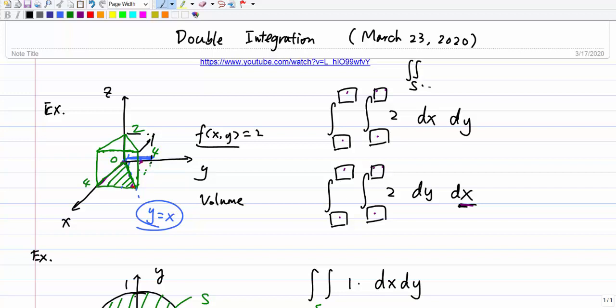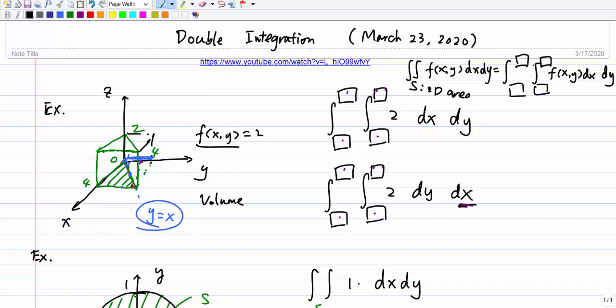This is a 2D area in a 2D space of a function f(x, y) defined over this area, with dx dy, and this can be written as a double integration of the same f(x, y) over dx dy. Now we're trying to figure out the lower bound and upper bound for this integration.